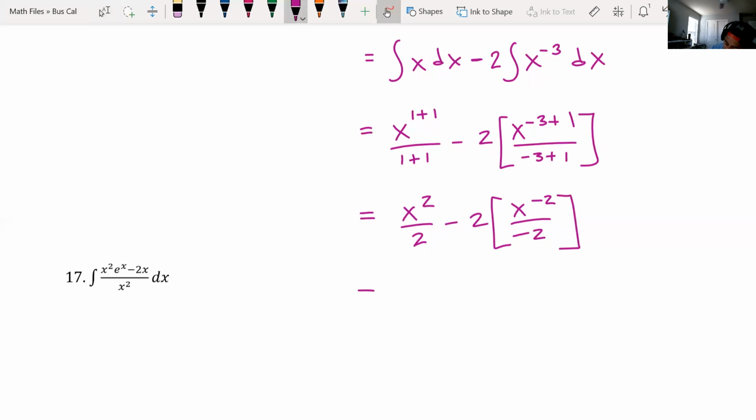Final answer, I'm going to rewrite x squared over 2 as 1/2 x squared, and then negative 2 over negative 2 will cancel and become positive x to the negative 2 plus c.